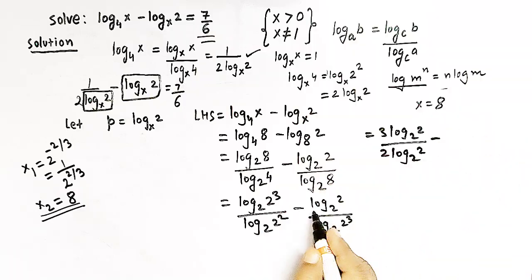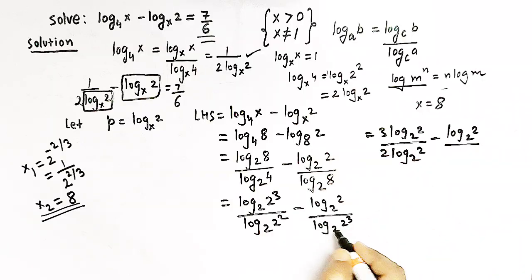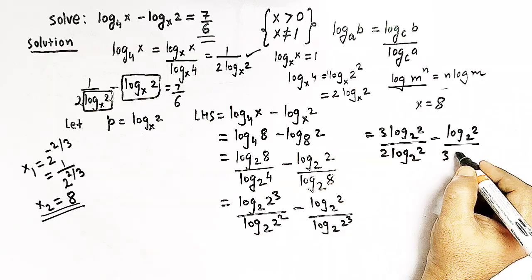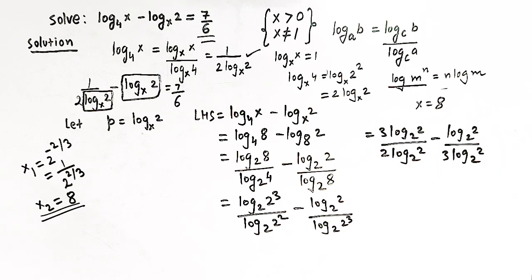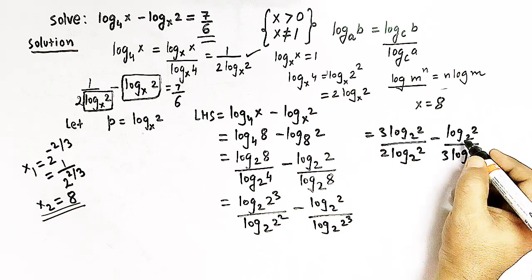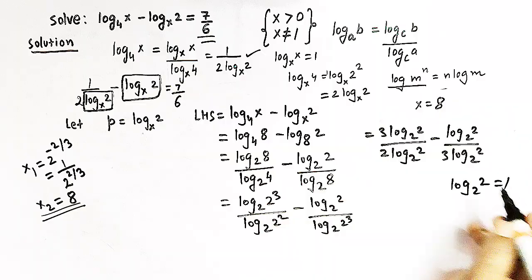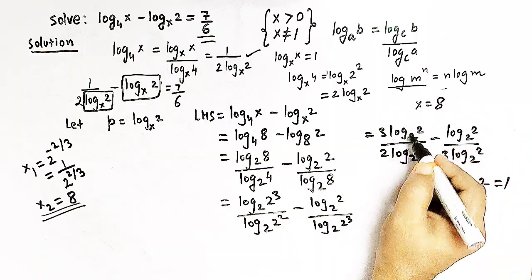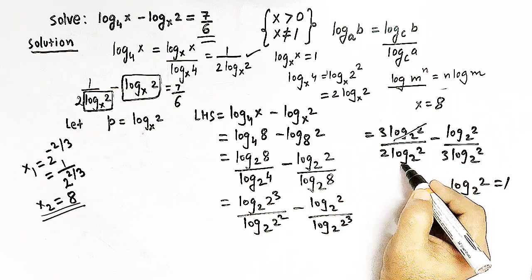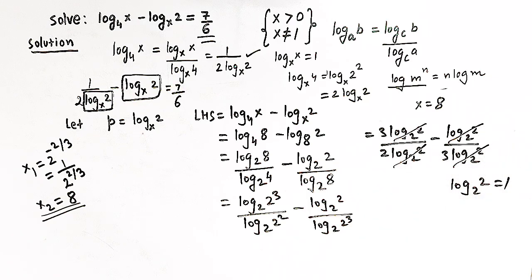Then here we have log 2 to the base 2, and here we have 3 times log of 2 to the base 2. So now the value of log 2 to the base 2 is 1. So here we have log 2 to the base 2, log 2 to the base 2. These two get cancelled. Here also these two get cancelled.